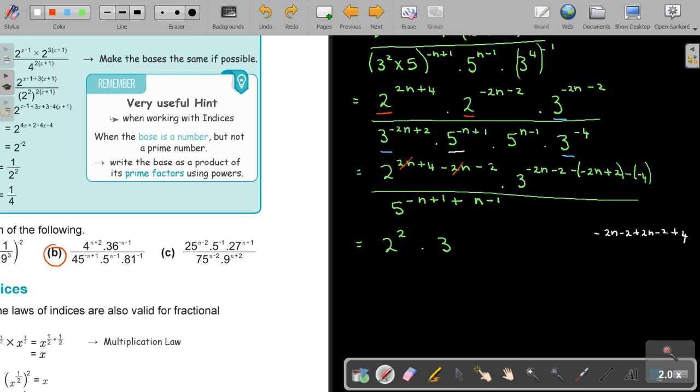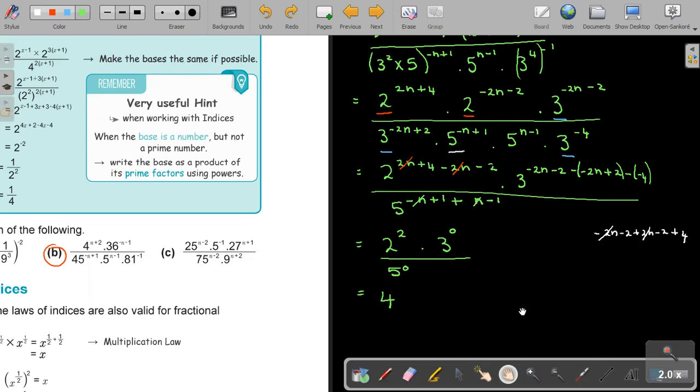And if I simplify that, this will cancel. Can you see? This is minus 4 plus 4, it's 0. So it's going to give me 3 to the power of 0. And now the 5, it's negative, so that cancels again. So it's also 5 to the power of 0. So that becomes 1 and 1, so the final answer will just be 4.